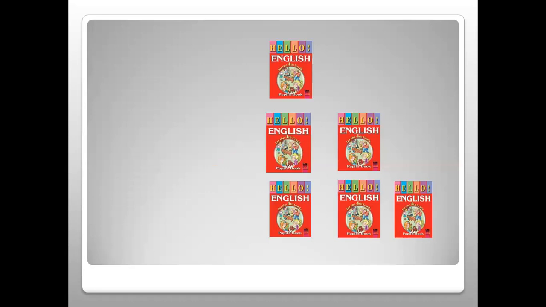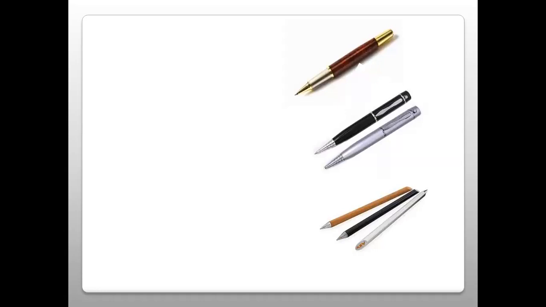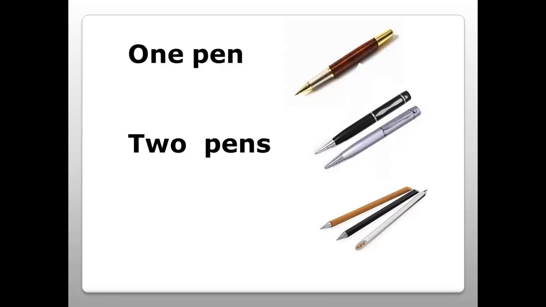I can say one book, two books, three books. What else? Yes, pen. I can count the word pen. I can say one pen, two pens, three pens.